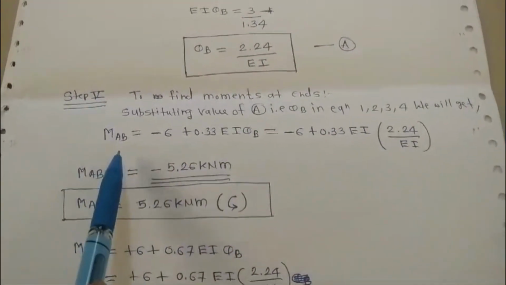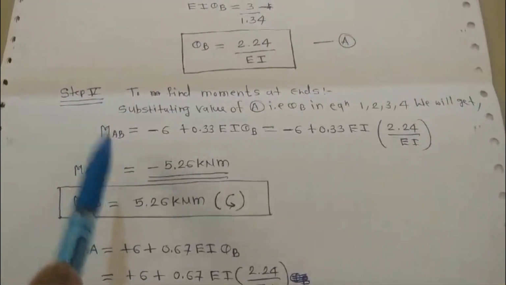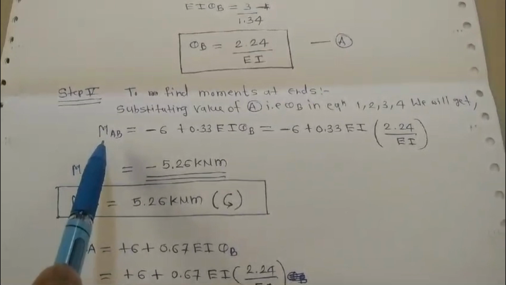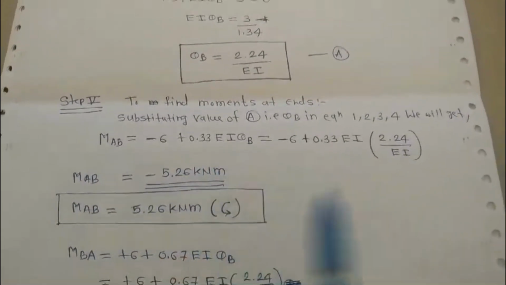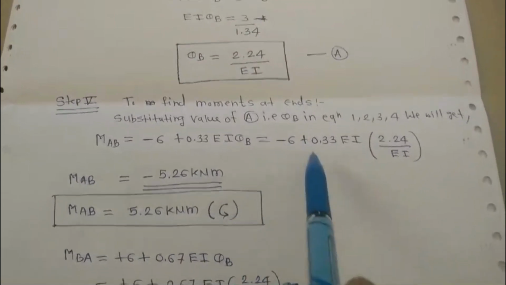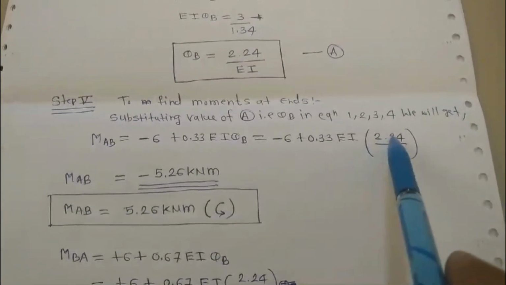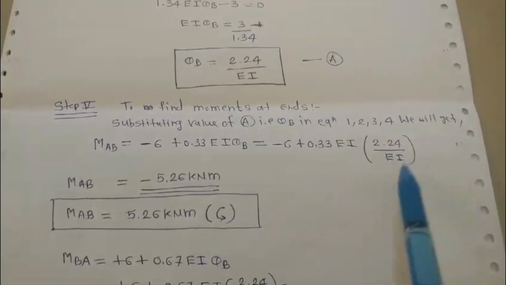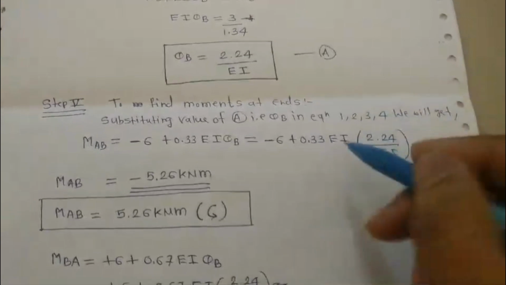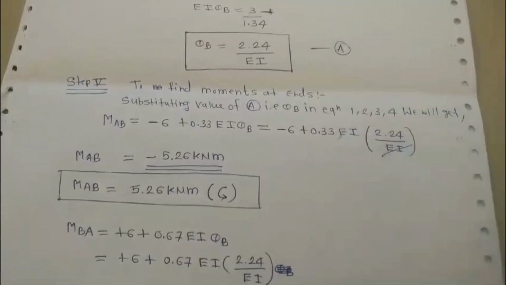So the slope deflection equation for AB: MAB is equal to minus 6 plus 0.33 EI theta B. Putting the value of theta B, you can see minus 6 plus 0.33 EI times 2.24 divided by EI. EI will cancel.